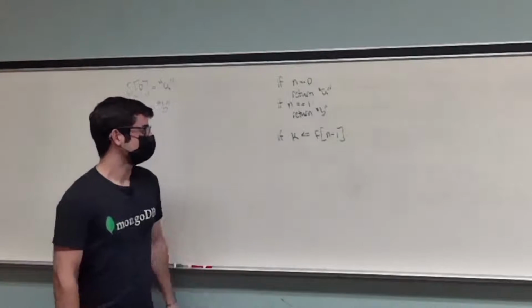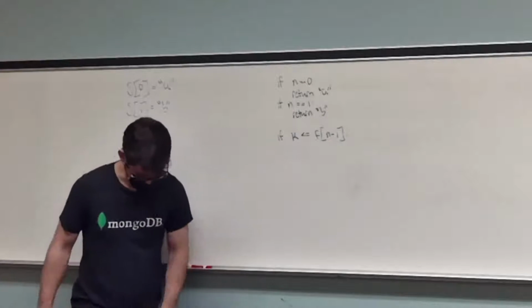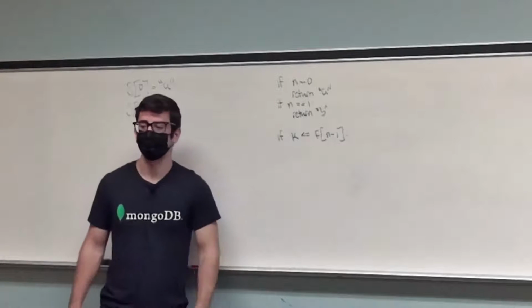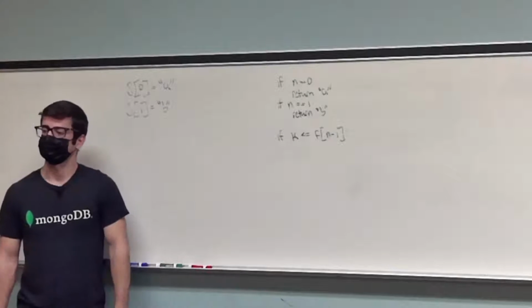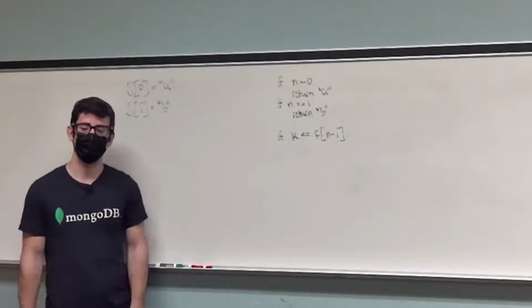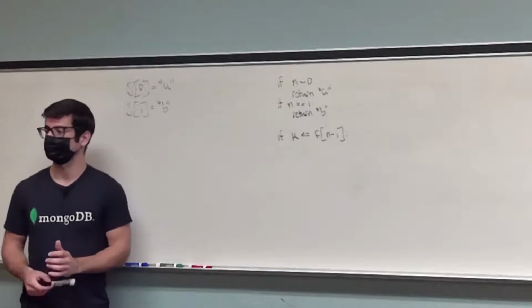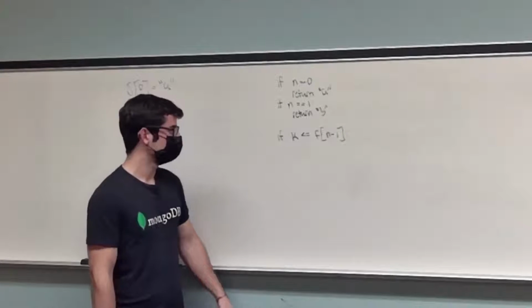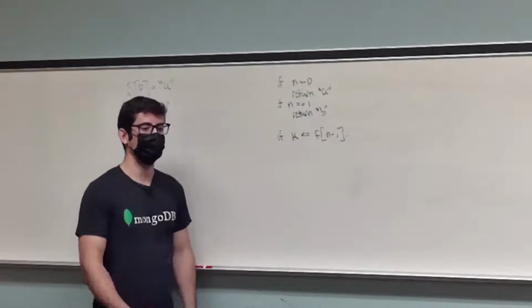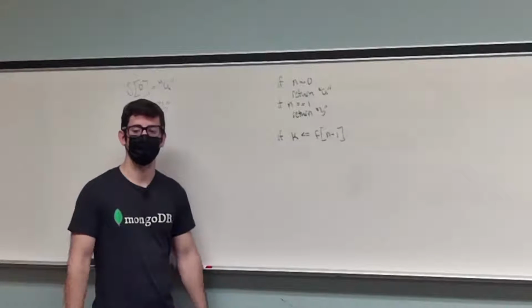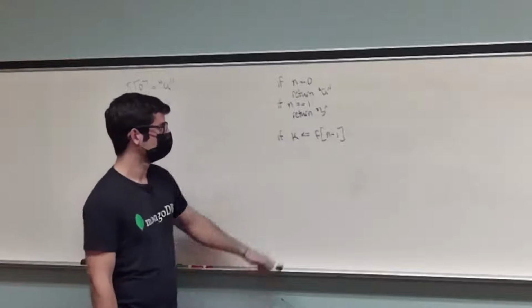Now, what is this telling you? If k is less than or equal to f of n minus 1, that's telling you k is where? On the left side or right side? On the left side. So this is telling us that k is currently on the left side of where we're looking. What should we do?